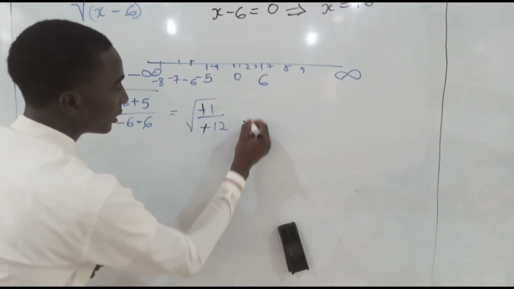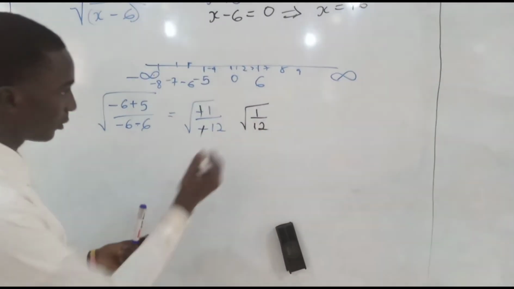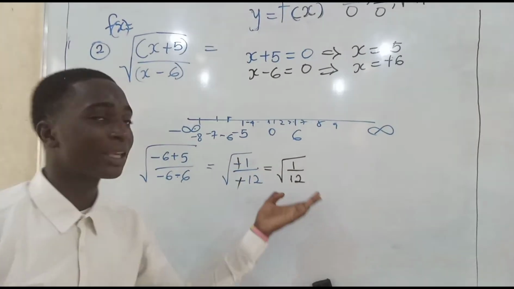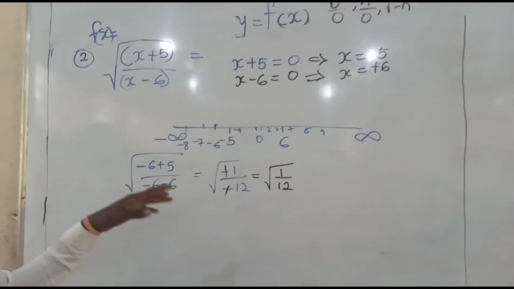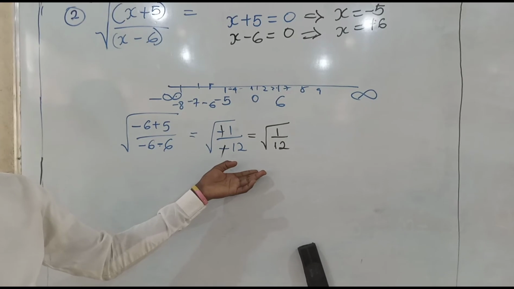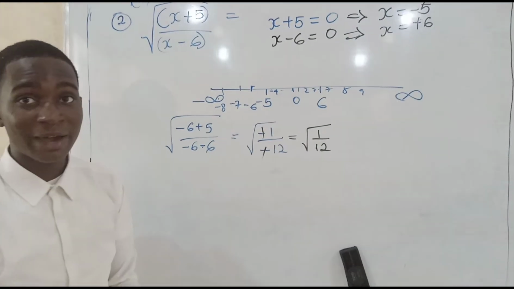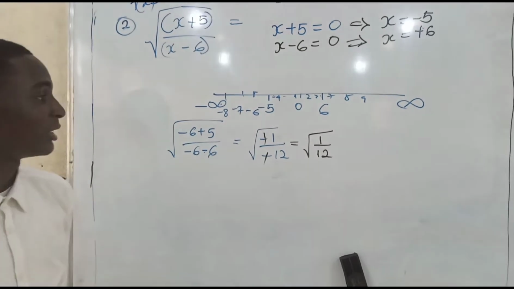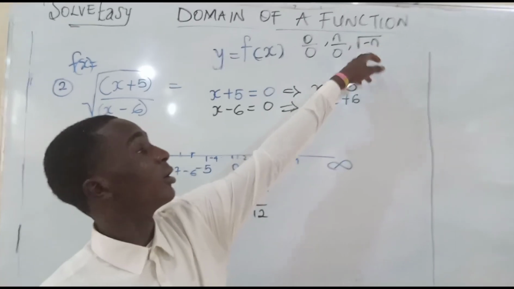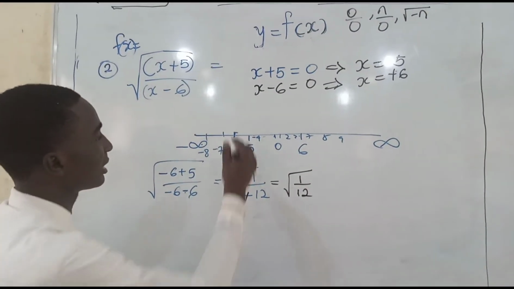So I'm having the root of 1 over 12. So this is a correct value. Sorry, it is not an undefined value. It's a defined value. That is to say, we can apply this since it didn't give us a negative number under the fraction.